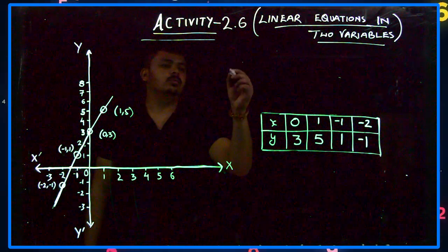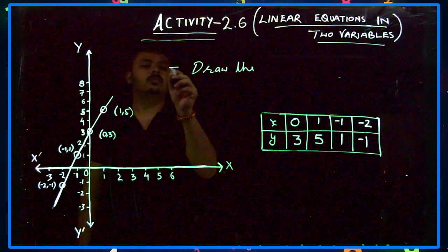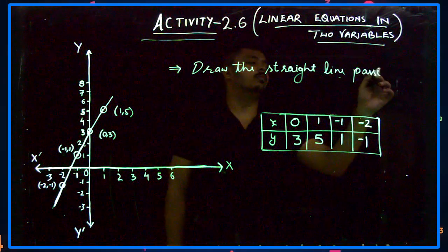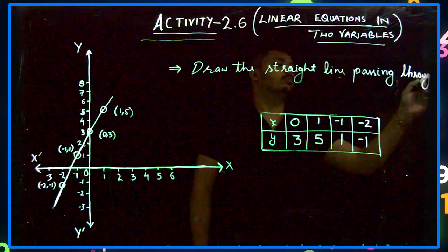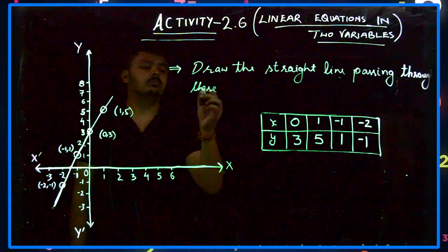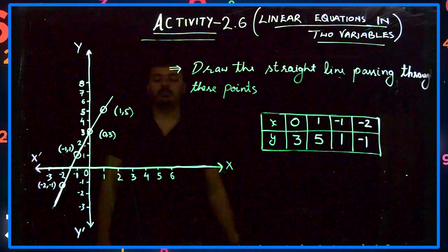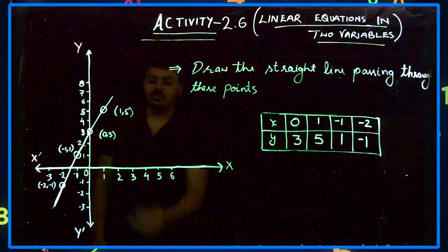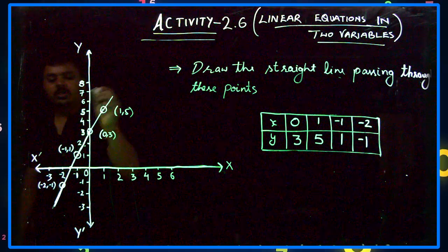Now draw the straight line passing through these points, that is the points we have plotted on the graph, to draw a straight line joining the points.